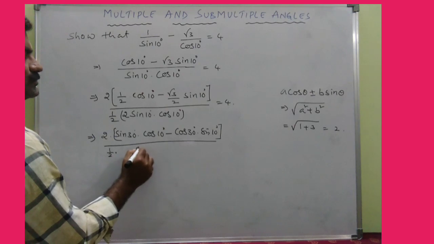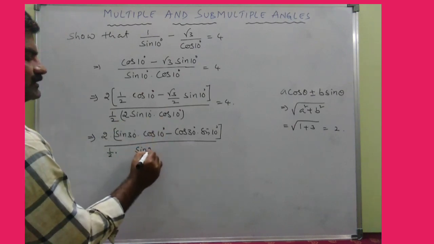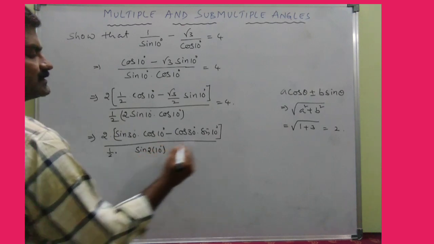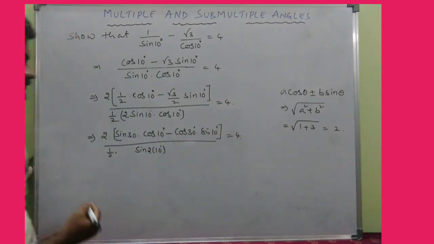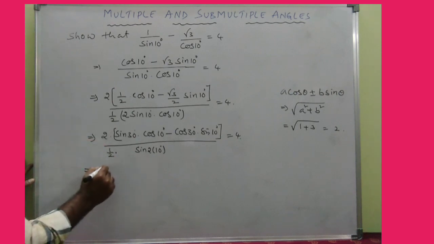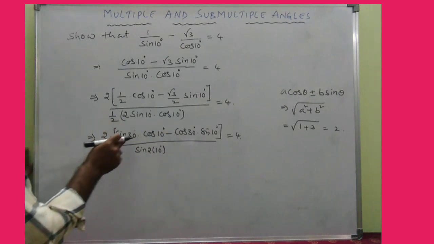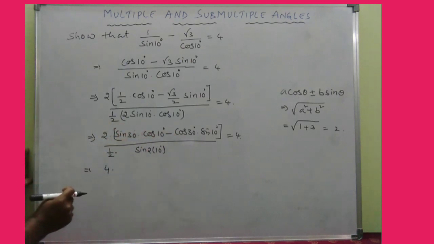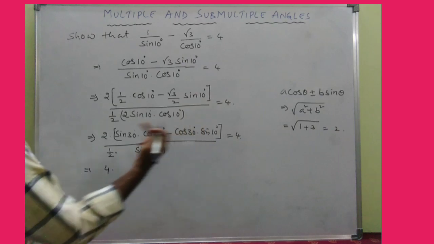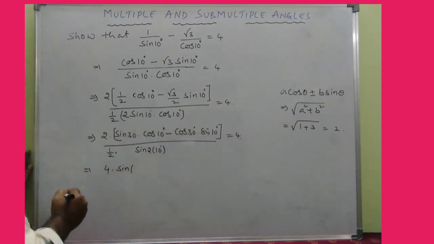This is sine 2 theta, 2 sine theta cos theta. Sine 2 theta means sine of 2 into 10 degrees, which is equal to 4. Now 2 by 1 by 2 is anyhow 4, into this, which is in the form of sin a into cos b minus cos a into sin b. So sin of a minus b.